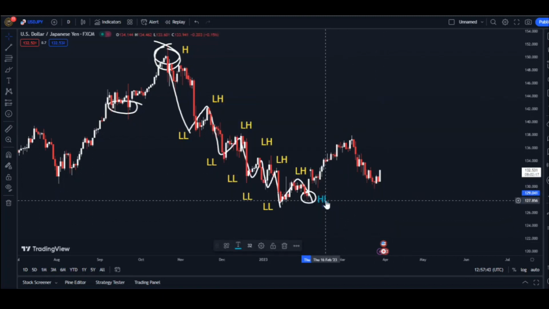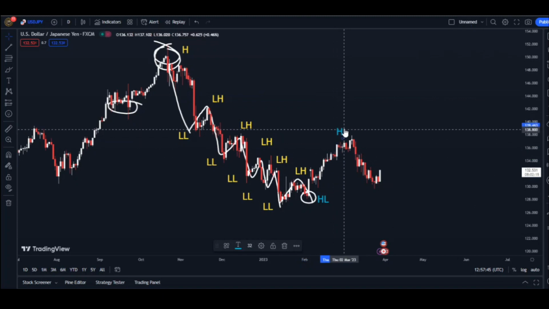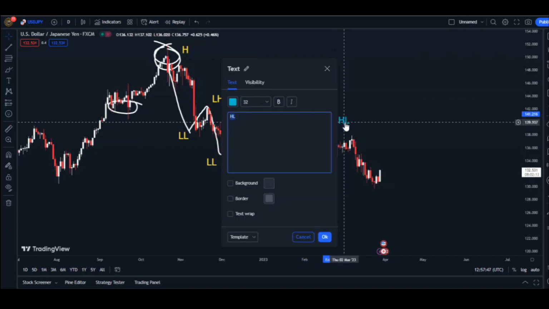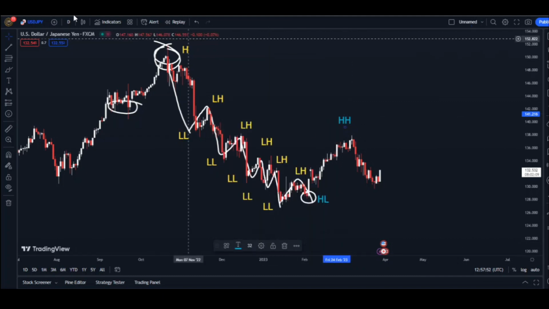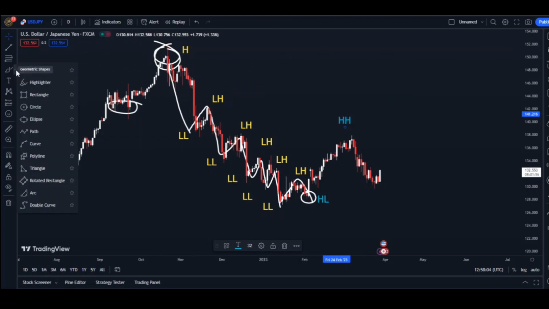The market formed another move, which we can call a higher high. So from this point of view, we can see that the market is shifting to a new trend. This will help you analyze what will be the next move of the market and look into some opportunities for a long position.